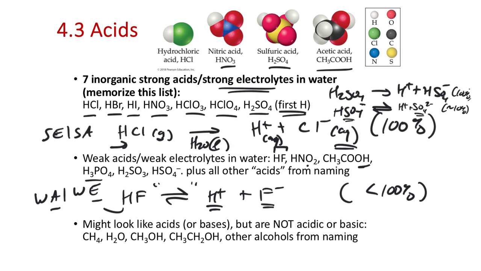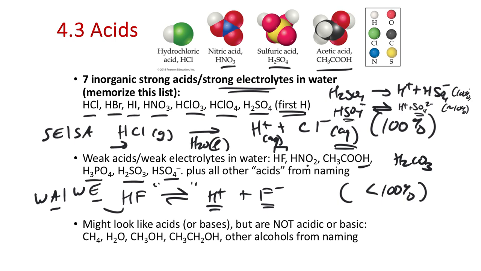So carbonic acid, H2CO3, is a weak acid, H3PO4 is a weak acid, and H2SO3, sulfurous acid. The hydrogen sulfate ion, as mentioned above, is a weak acid. And all the other acids from our nomenclature: any other acid we learn how to name that's not one of those seven strong acids is implied to be a weak acid and only partially dissociates in water.